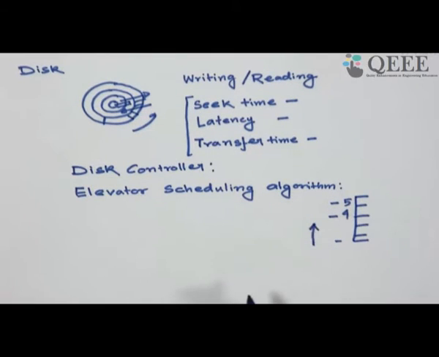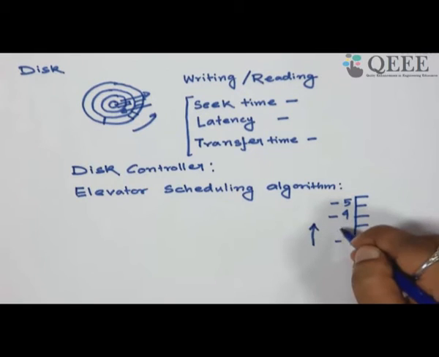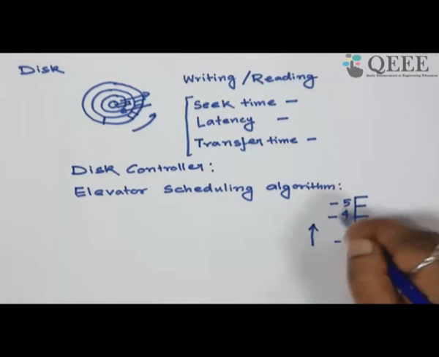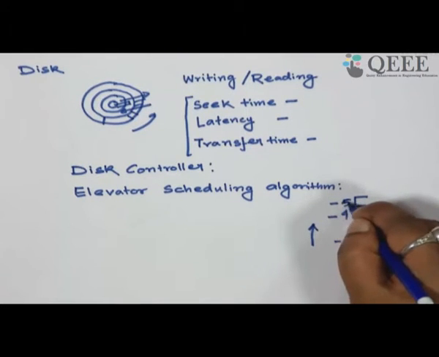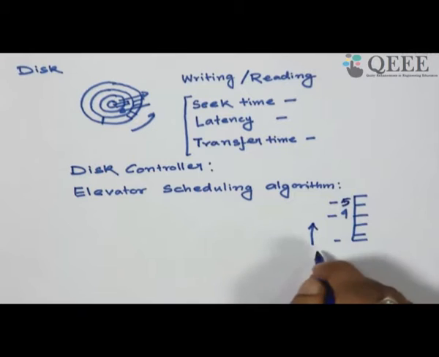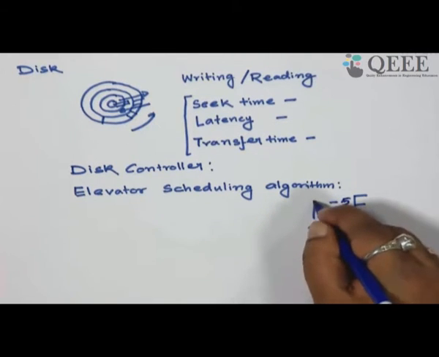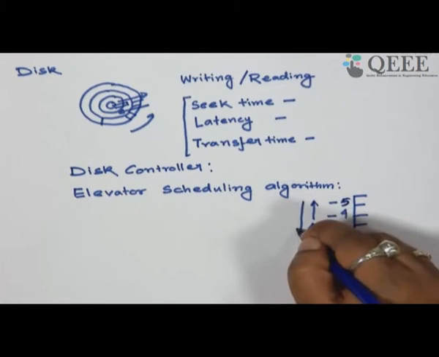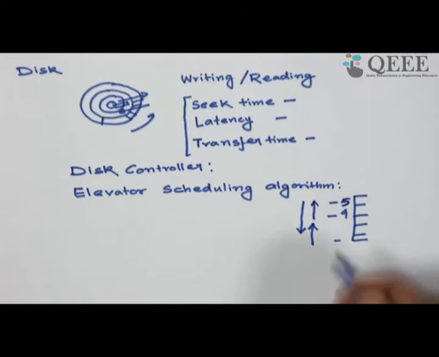If it goes up, it goes on serving the requests that come above the floor that it is currently in, and keeps on serving them till the highest request comes. So it goes up till the highest floor where the request is available, and then it turns down, and in the route it keeps on processing the requests.